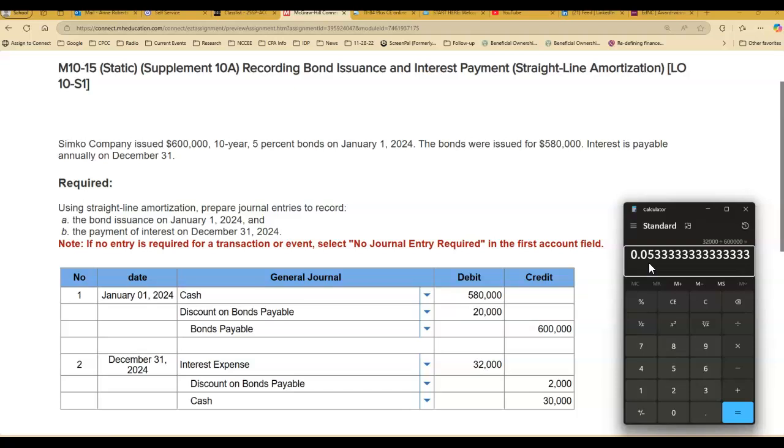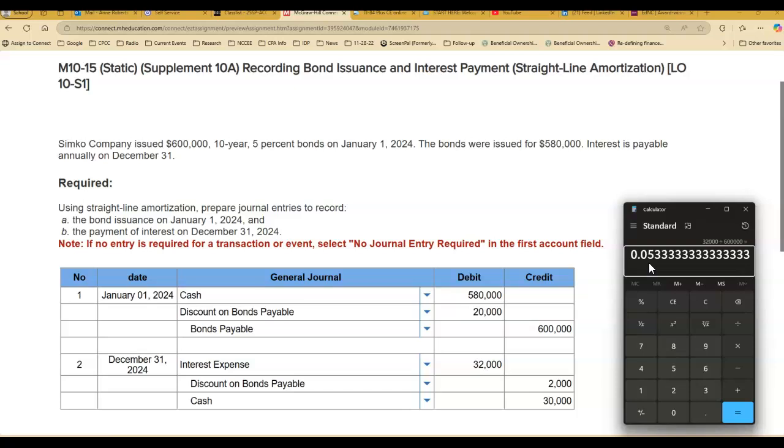Okay. Is everybody with me? So right after we issue, the carrying value is 580. On the day that this bond matures, how much do we have to pay back the bond owners? The full face value of 600, right? So on the day we issued, we've got $580,000 as the carrying value.